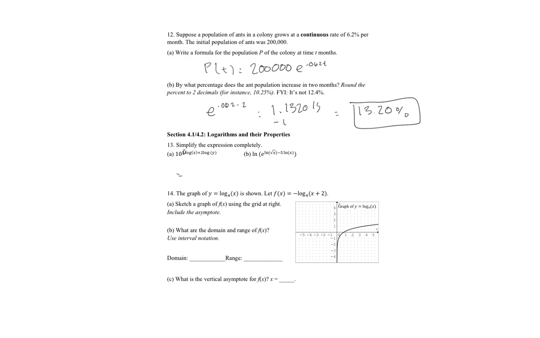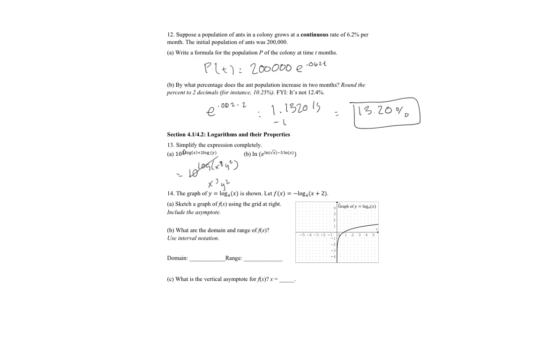So then we'll get 10 log of x cubed times y squared. And then we know that these just go away, and then we have x cubed y squared.